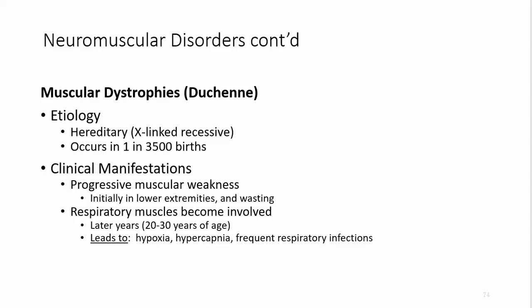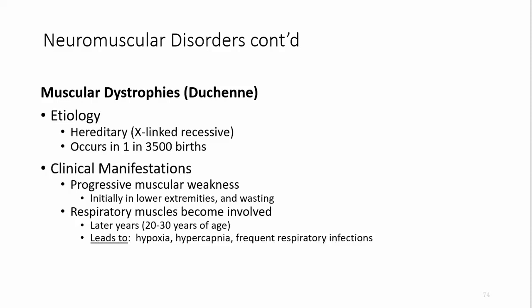Then they end up in wheelchairs, and the upper limbs start getting used more, so they start to become involved. And then later, someplace around the teens, 20s, maybe even to age 30, the respiratory muscles start to really become involved. Now, these muscles are involved right from the beginning. It's just that the rate of damage and the rate of repair keeps pace for a long time.